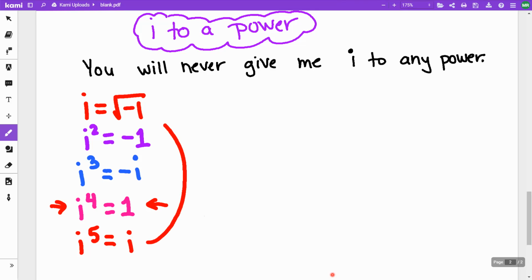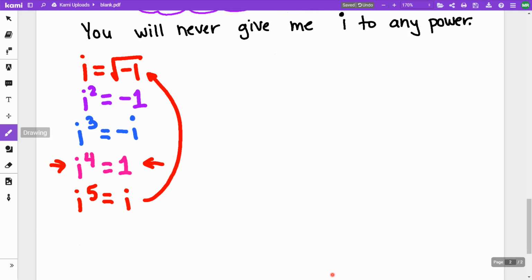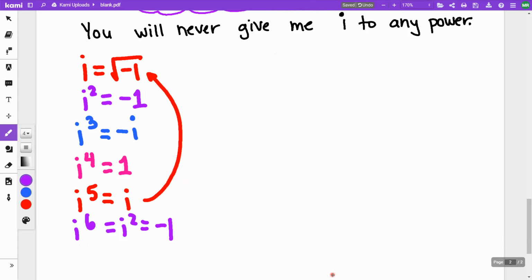You see, I'm back up here. Then if I times both sides of this by i, I get an i to the sixth, and an i times an i is an i squared, which is a -1. So you see, I'm now back to -1 again.